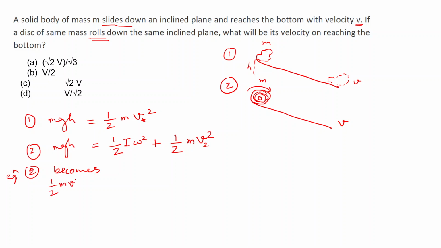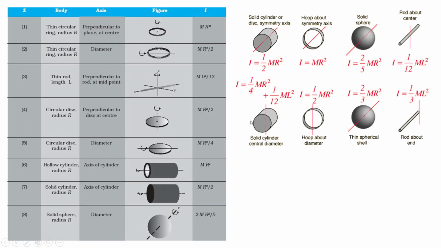half mv squared is equal to half, and here I can put the value of I also. The moment of inertia for the second body, a circular disk, we have kept for reference. For a circular disk, when the axis is perpendicular and passing through the center of mass, the moment of inertia value is half mr square.